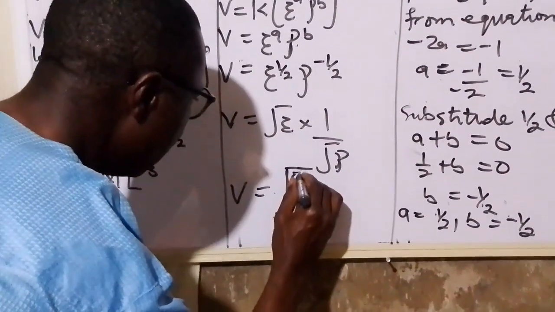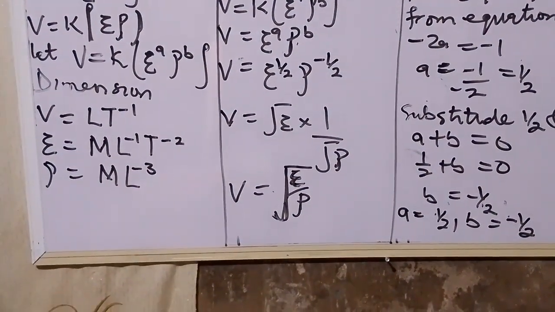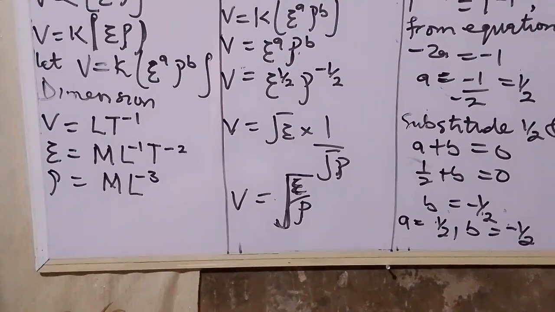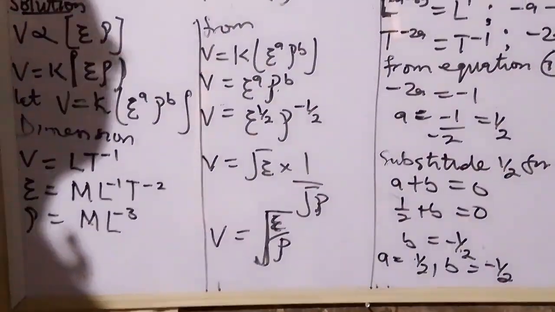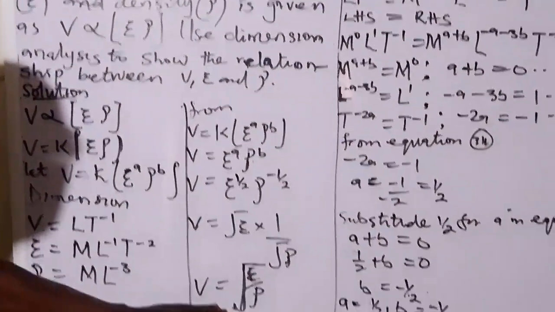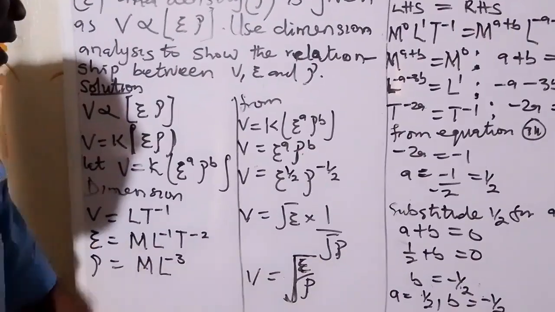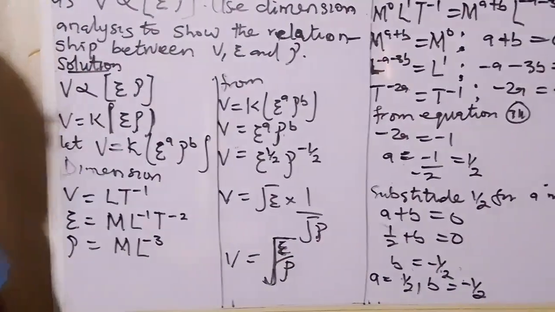That is, V, the speed, will be equal to square root of Young modulus over density. And that's the final answer, to have the relationship between V, the speed, the Young modulus, and density.